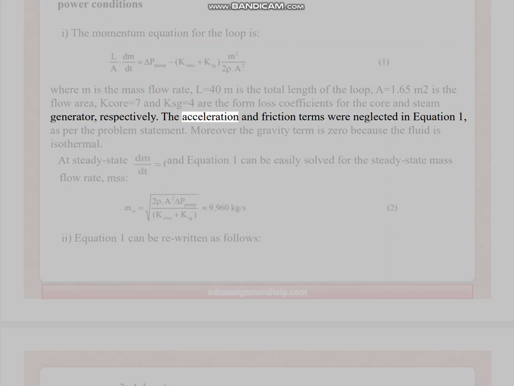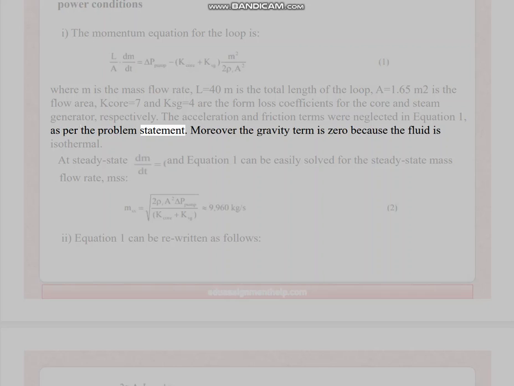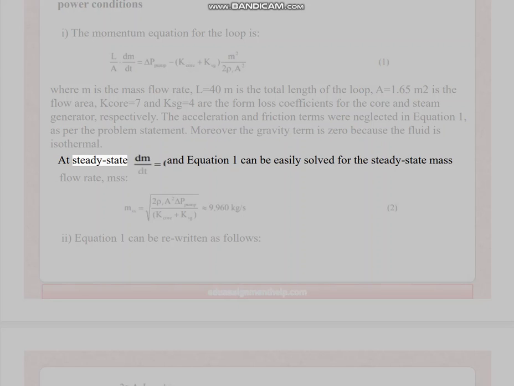The acceleration and friction terms were neglected in equation 1, as per the problem statement. Moreover, the gravity term is 0 because the fluid is isothermal. At steady state, equation 1 can be easily solved for the steady state mass flow rate, m_SS.